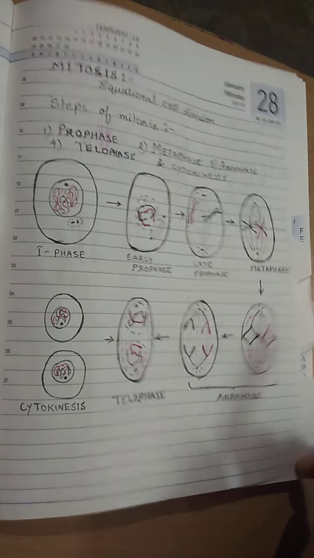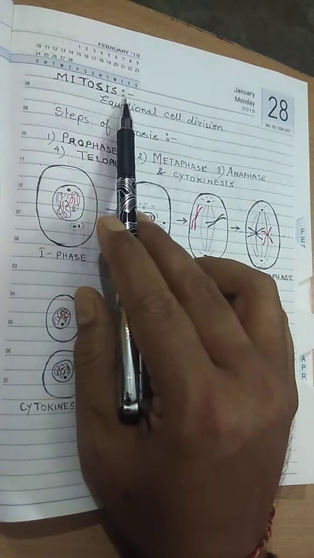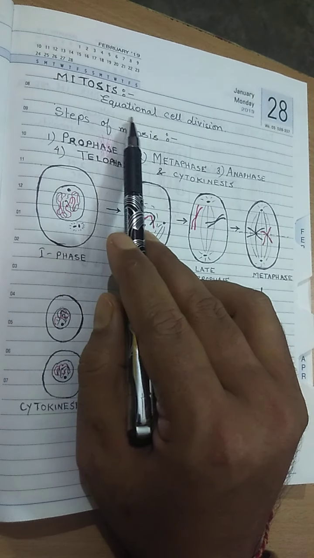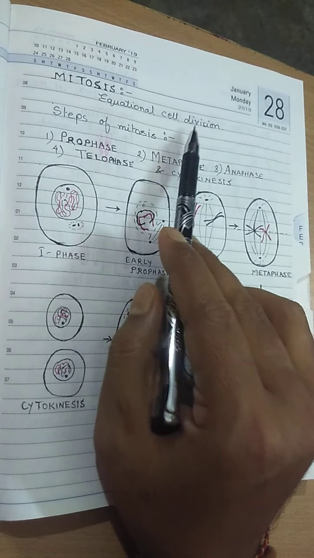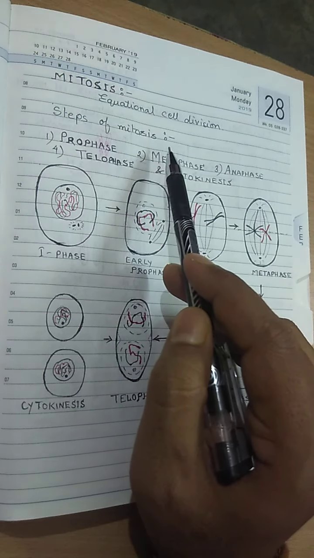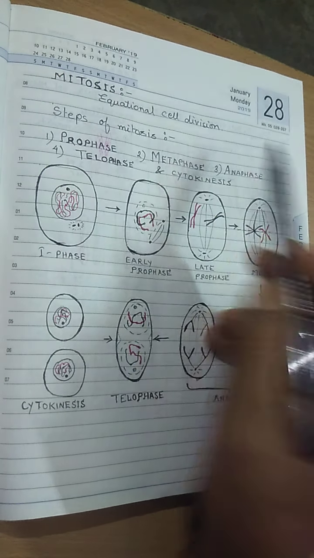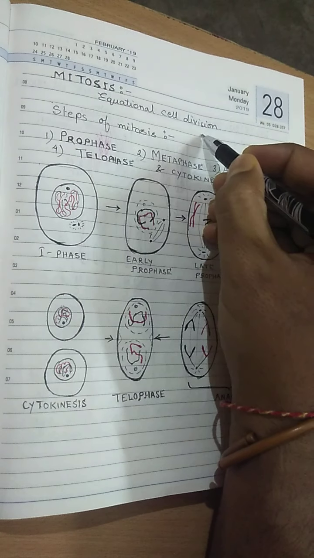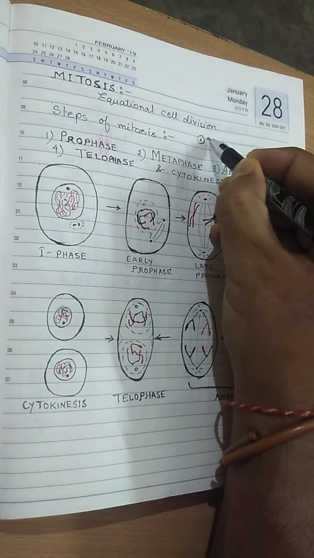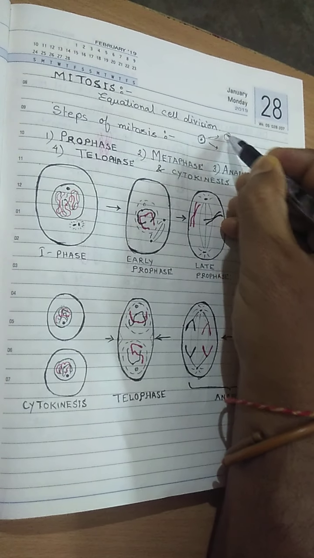So when we talk about mitosis, mitosis is also termed as equational cell division. Now what is the reason that mitosis is called equational cell division? Because in mitosis, from one parent cell, two daughter cells are formed.